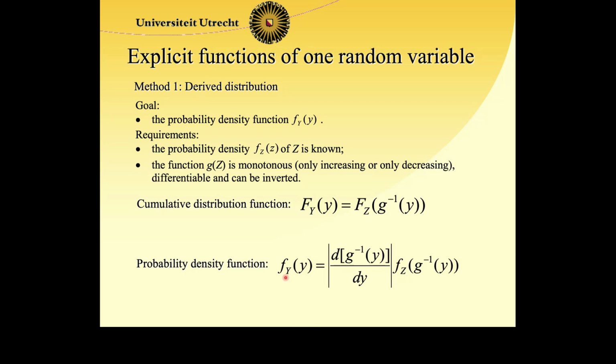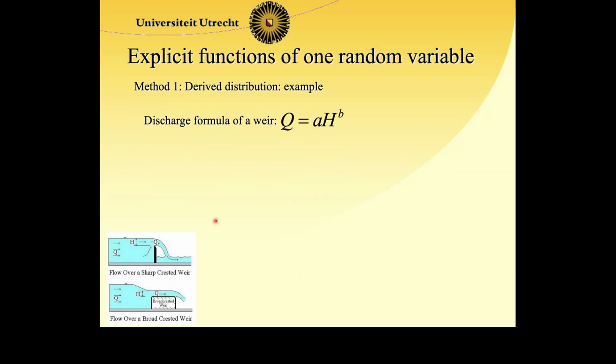Okay, let's try to do this for a very simple equation that we all know. What is shown here is a flow over a sharp crested weir and also a broad crested weir.